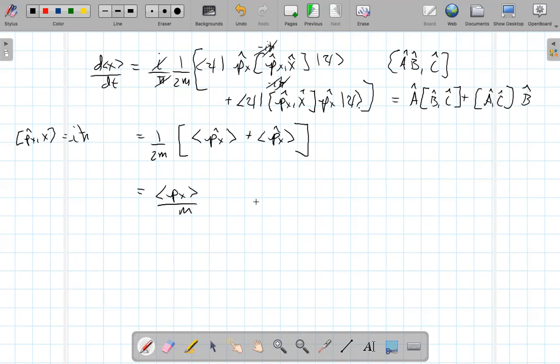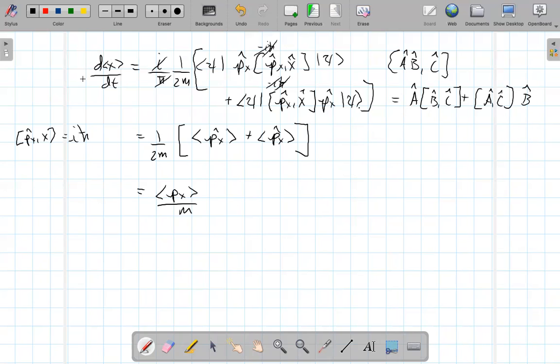That's doing okay? So what this says is that the time evolution of the expectation value of the position is equal to the expectation value of the momentum divided by the mass, right?